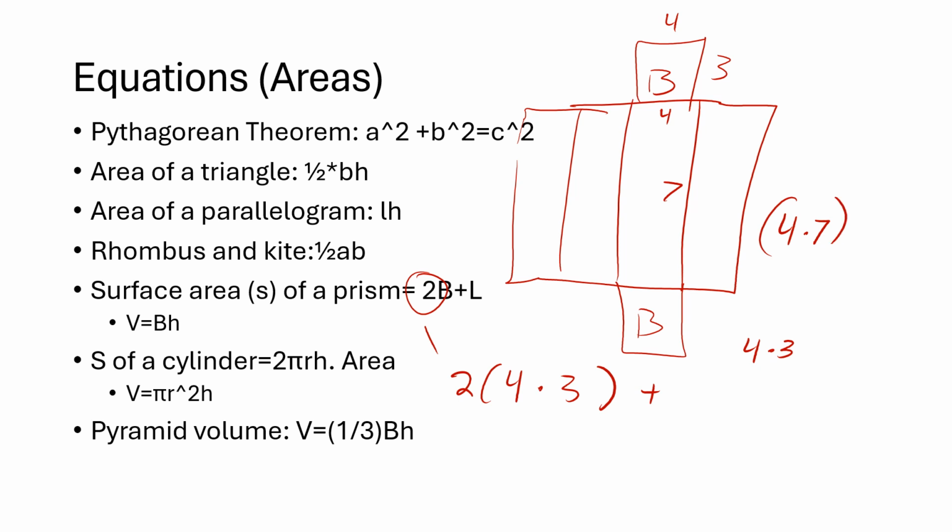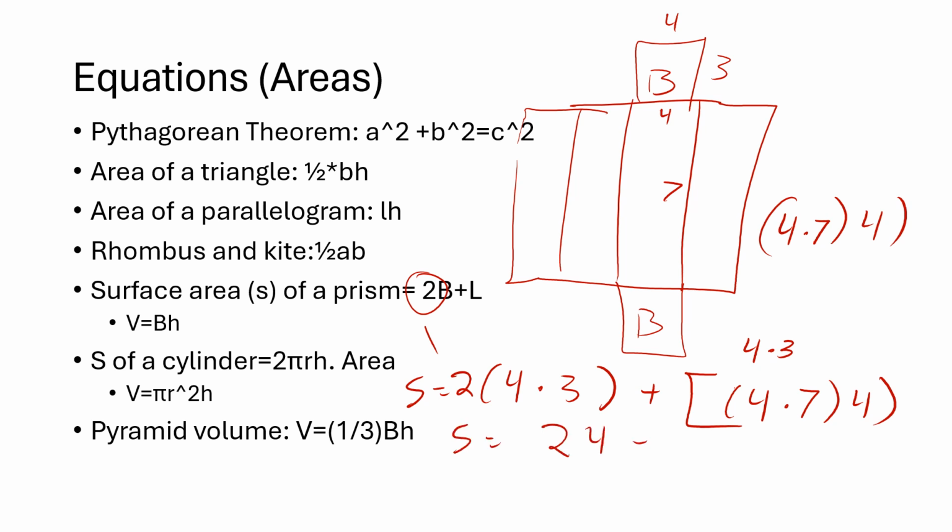And because there's 4 lateral sides, you times it by 4, and you add that as a unit. So the answer would be 4 times 7 times 4. And this is how you would find your surface area. If I were to solve it, we'd get 24 plus 48, or 28. Oof, 28.